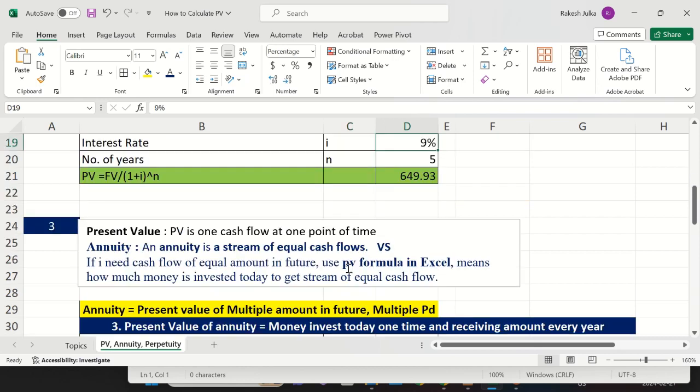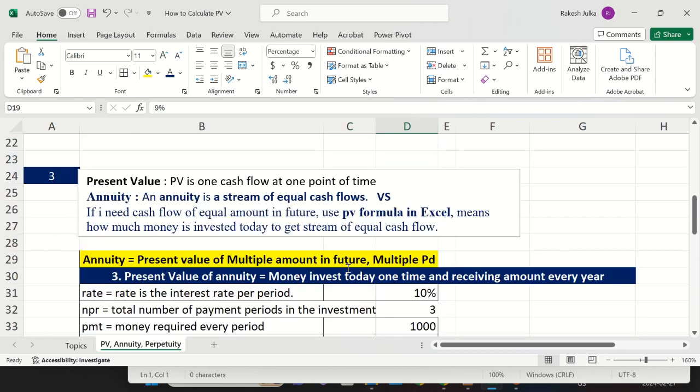Now, the next scenario is annuity. So an annuity is just like a present value of future money, but over a different interval, right? The difference between the present value and an annuity is that present value is one cash flow at one point in time, maybe after 5 years or maybe after 1 year.